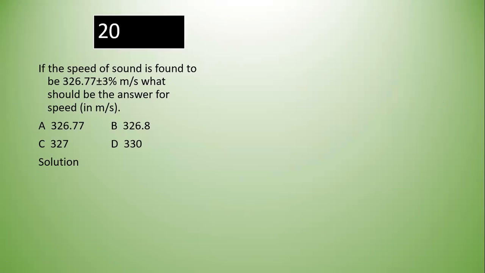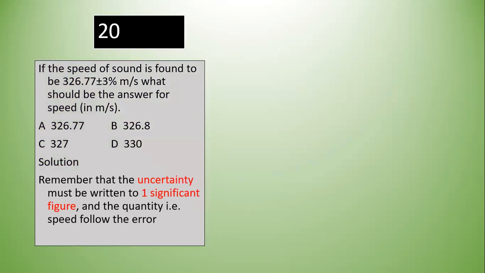Sometimes at A level, they may ask this type of question: number of significant figures, writing correctly to the number of significant figures, especially when you do the experiment. The thing to remember is uncertainty must be written to one significant figure. And the quantity, in this case the speed, will follow.